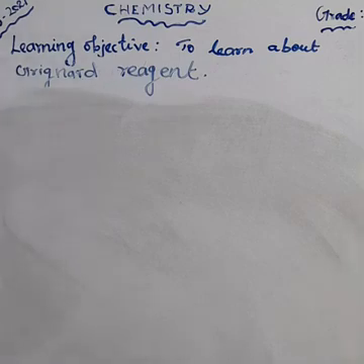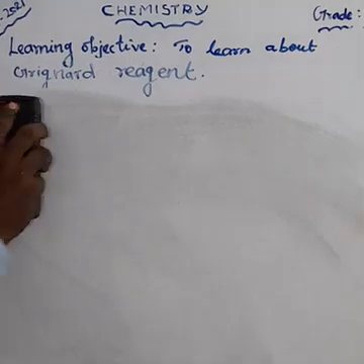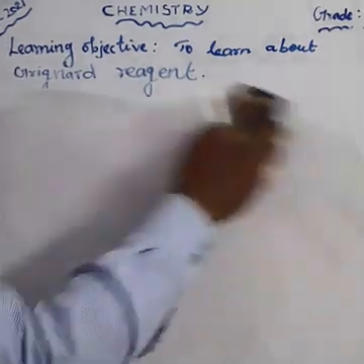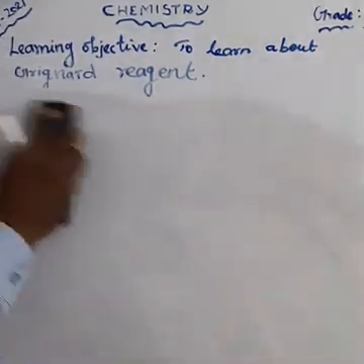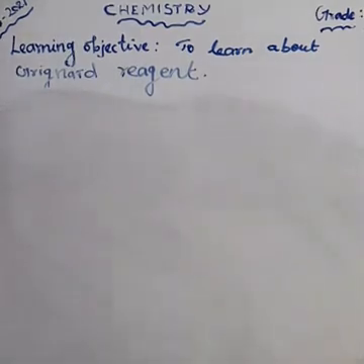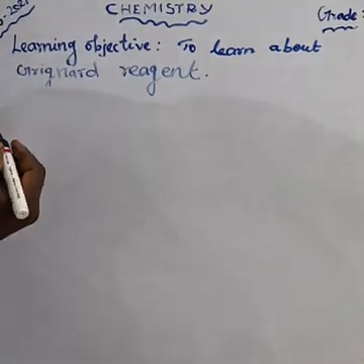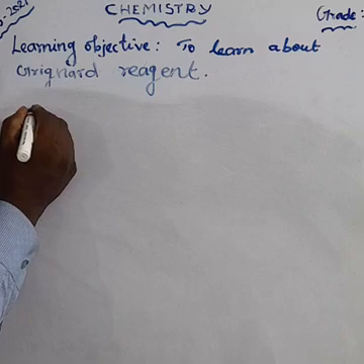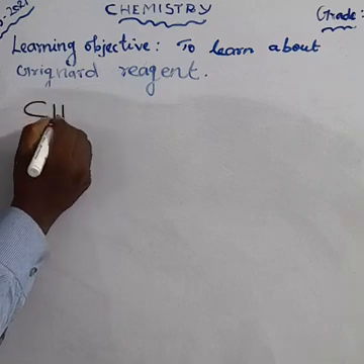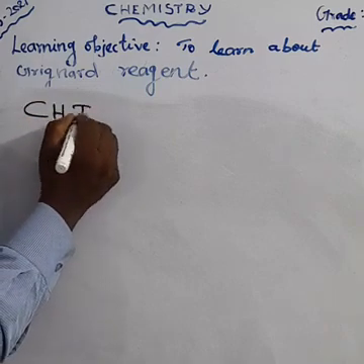Listen, first, how can the Grignard reagent be prepared? First, methyl iodide reacts with magnesium. The formula for methyl iodide is CH3I.